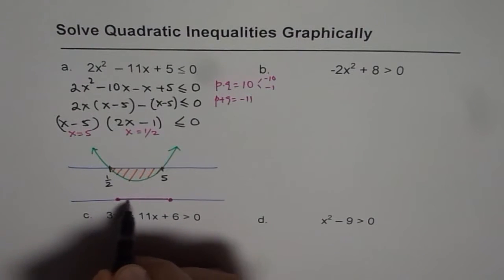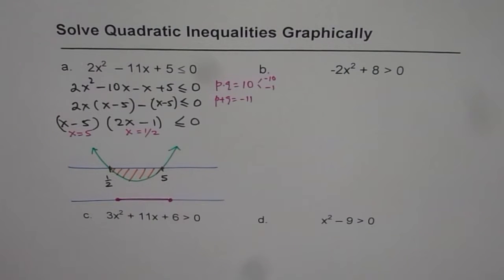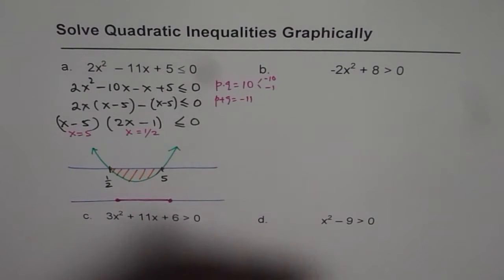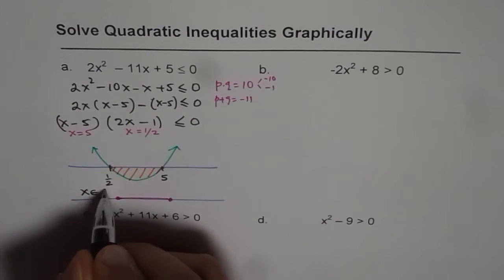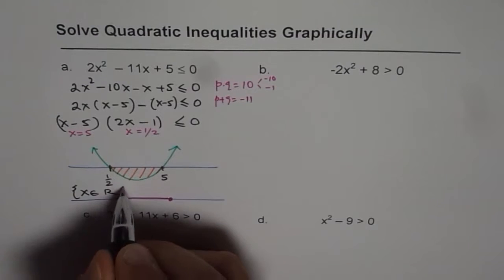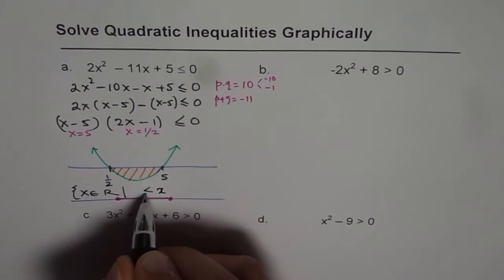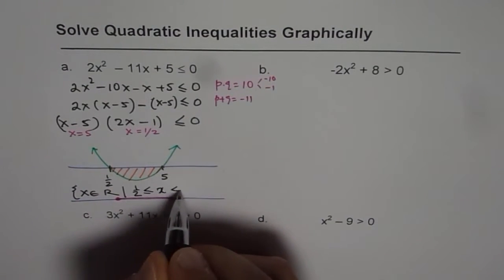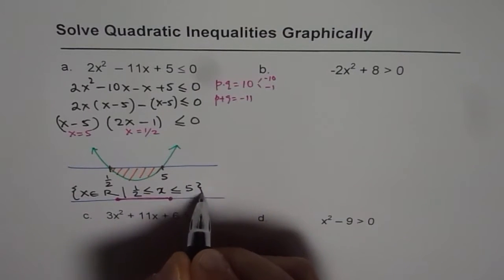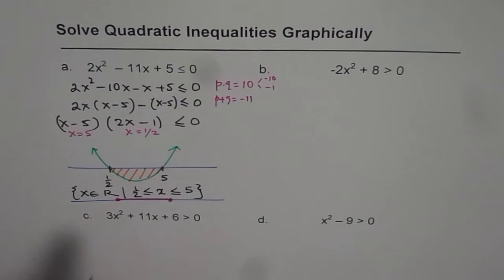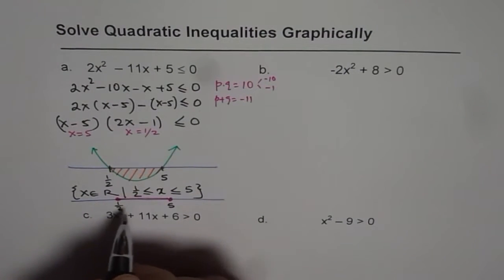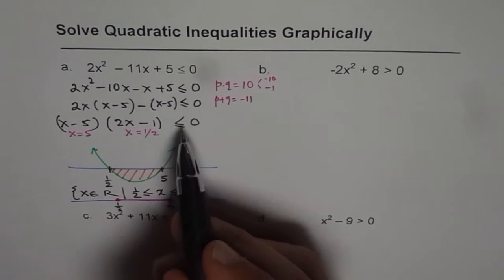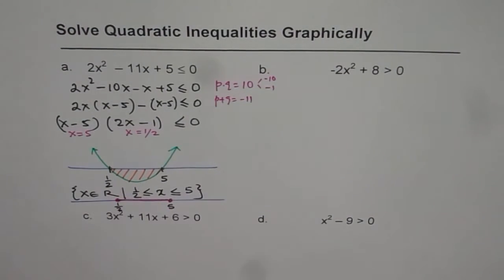And we can write in set form as x belongs to real numbers, such that x is greater than or equal to half and less than or equal to 5. On a number line, this zero is at half and the other one is at 5. Everything in between is less than or equal to 0, which is clearly shown from the parabola.